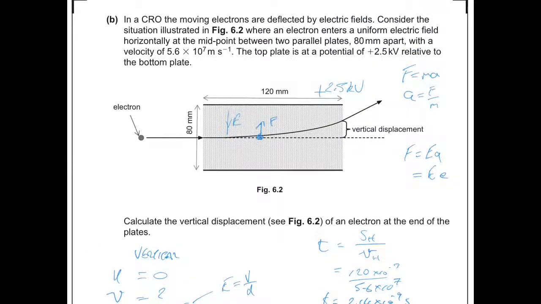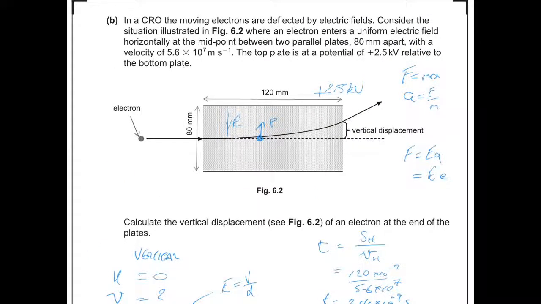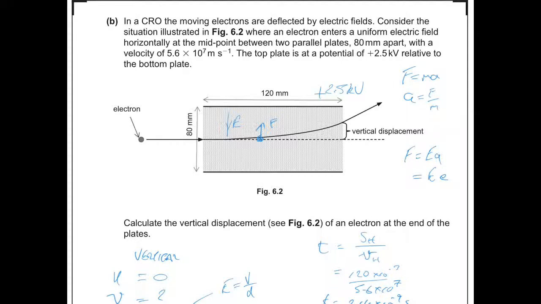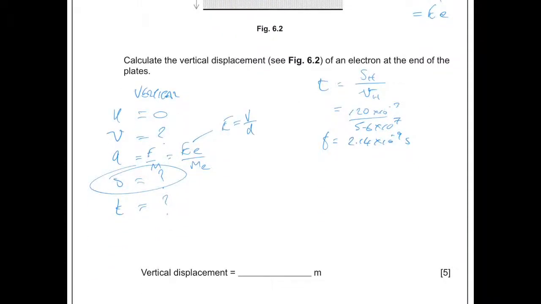Remember, we do know that it's 2500 volts, or 2.5 kilovolts, and we do know that these plates are 80 millimeters apart, so it is possible to get E there, or we can just substitute in for our a, so our a would become V e over d m e, where that's a subscript e, a little e.